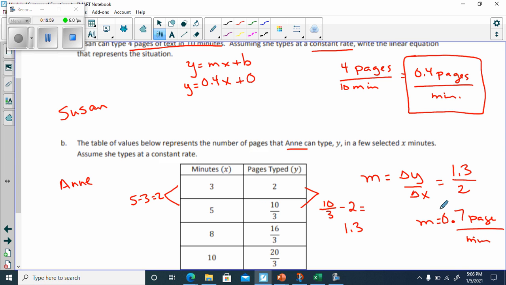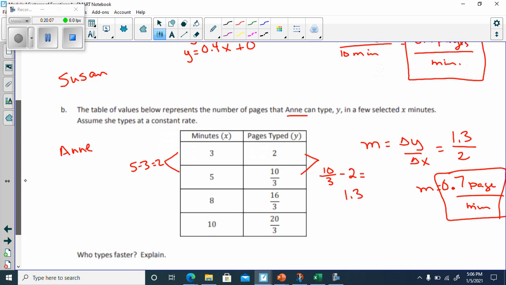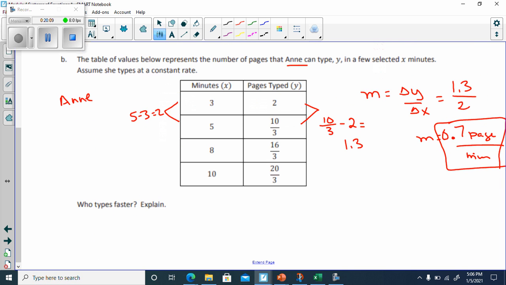So who is typing at a faster rate? That would be Ann, because 0.7 is bigger than 0.4. Who types faster? Ann.